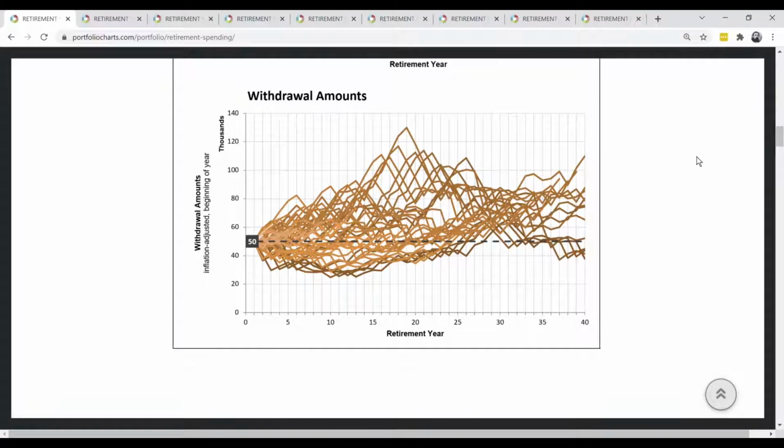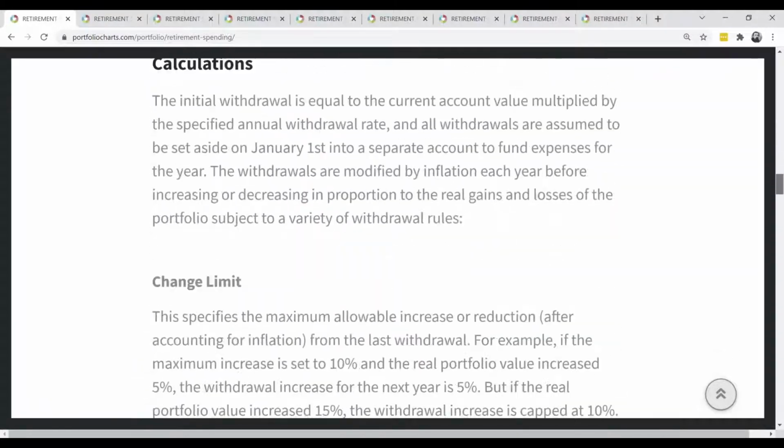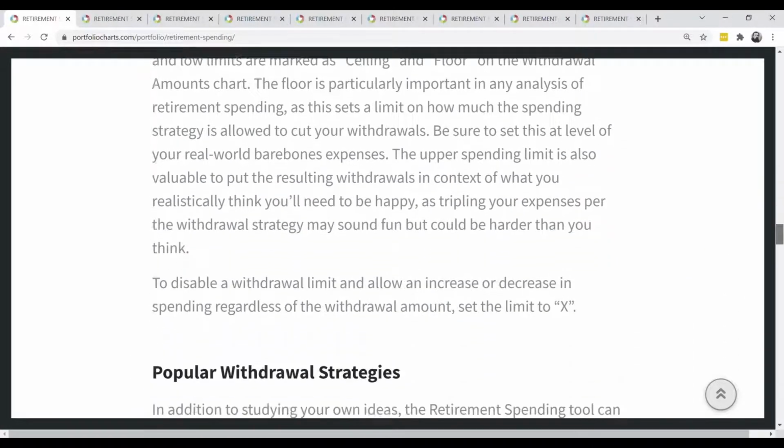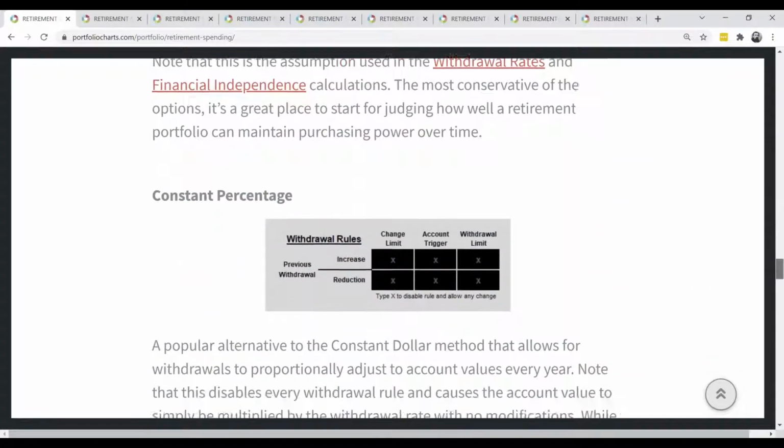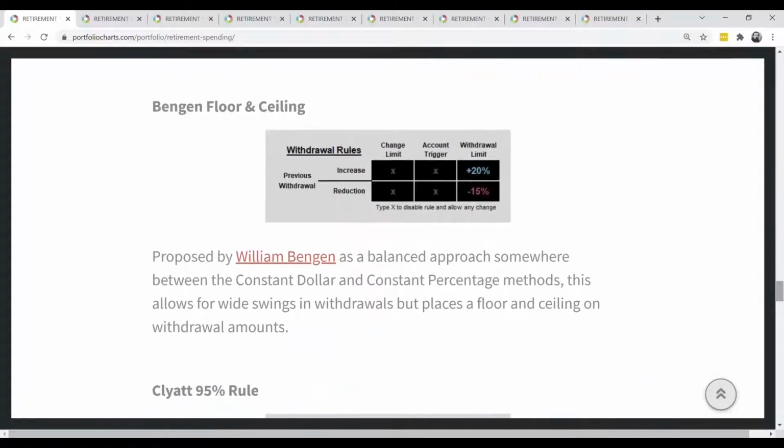And so you might want to try out some of these advanced features. So one idea that Bill Bengen also had is that maybe you want to not have such a wide variety of withdrawals. So he proposed a strategy which is described down here, where the withdrawals would be never going below 85%, so a 15% reduction, and never going above 120% as far as the withdrawal rates are concerned.